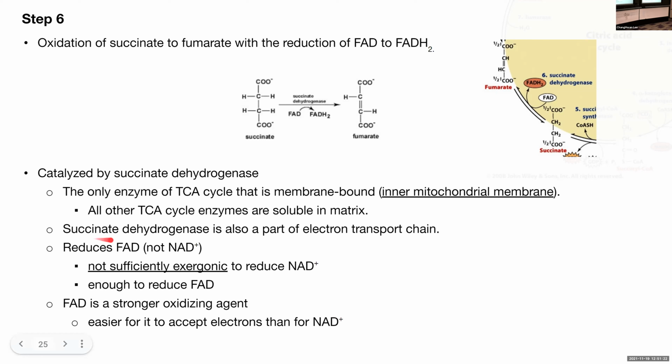And this succinate dehydrogenase is also part of electron transport chain, which happens on the inner membrane of the mitochondria. So this is basically just one enzyme that can be used for both pathways, but separately. They're not linked together directly, but basically doing the same thing here.